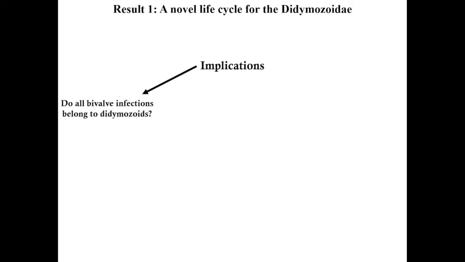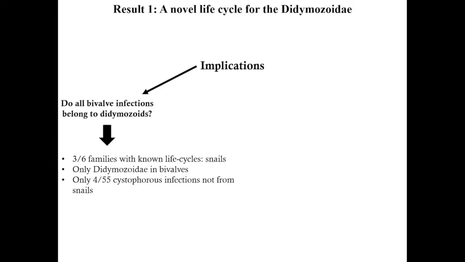The first question to be asked is whether all bivalve infections belong to didymozoids. Well, only 6 families out of 16 have known life cycles. And out of these, only three of these 6 use snails. Of the ones that don't, only the Didymozoidae are found in bivalves so far with my study.